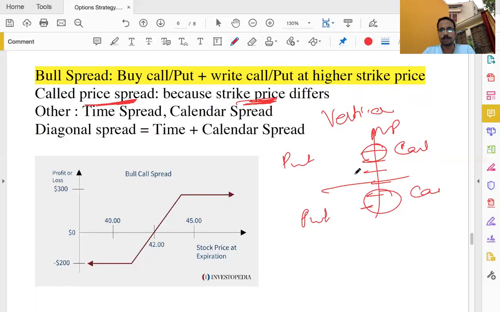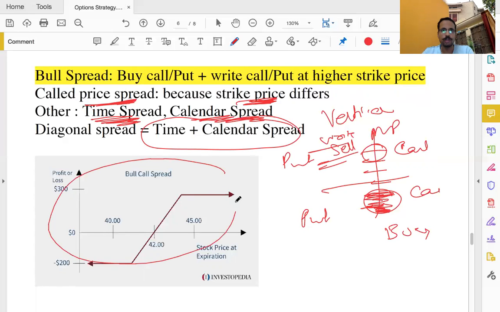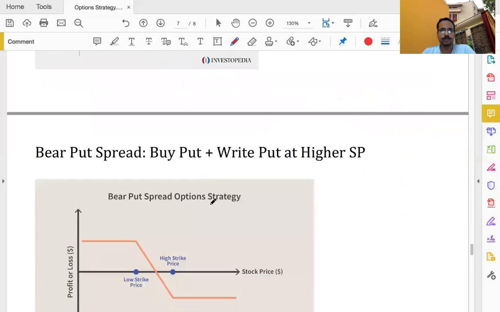So at lower strike price, you buy it, and at higher strike price, you sell or write it. Right? So this is your vertical bull spread. Another can be time spread and the calendar spread. And when you use both of them, right, it becomes a calendar spread. So this is your bull call spread, right?